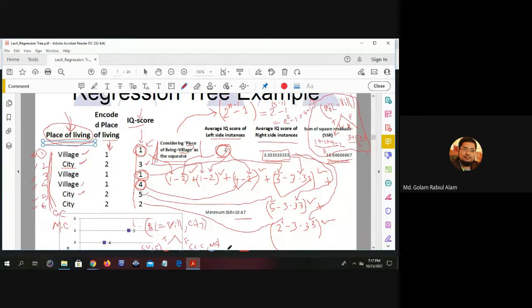So that means you have to consider the combinations and determine the sum square residuals for each and every splitter. So is it okay? Is it fine? Any question here?